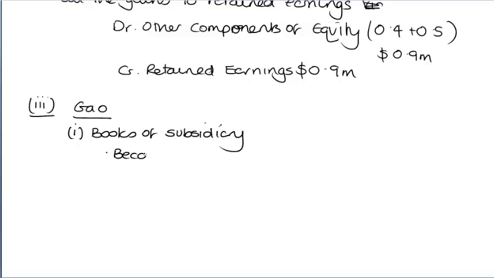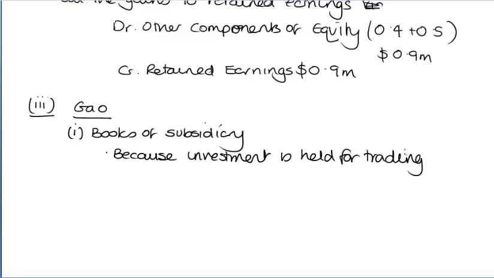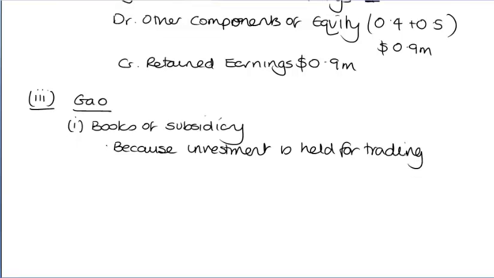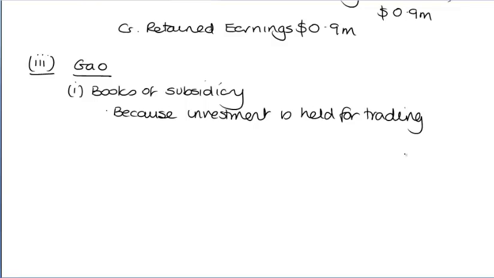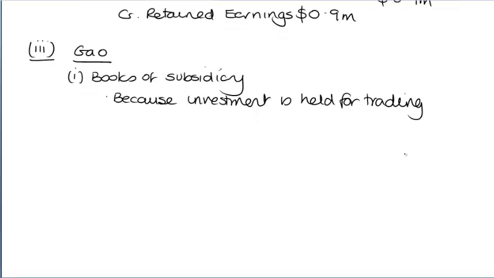Because the investment is held for trading, and if it's held for trading, it fails the business model test, doesn't it? Because the business model test says hold on a long-term basis.